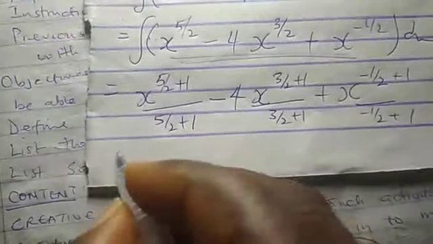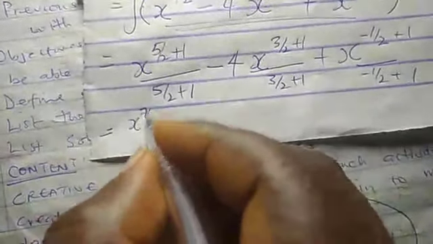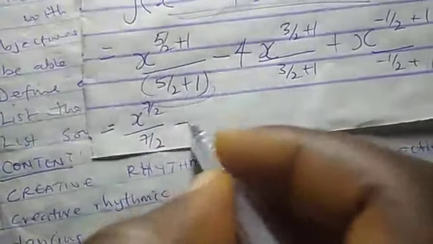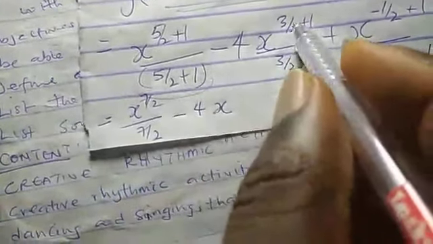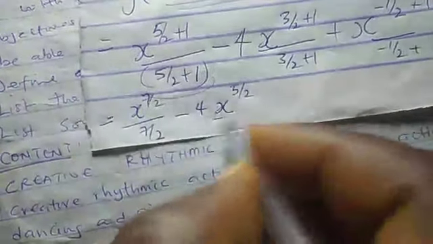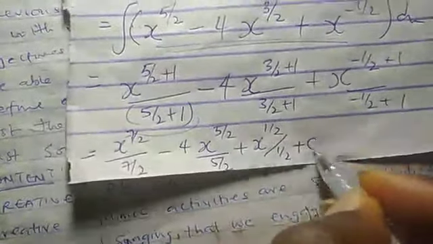Which, if you simplify further, this one should give me s to the power 7 over 2 over 7 over 2. If I simplify this, minus 4, this will give me s to the power 5 over 2 divided by 5 over 2, plus s to the power, this one will give me half divided by half. I'll say plus c.